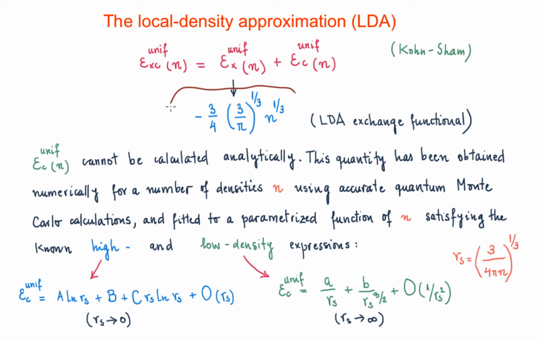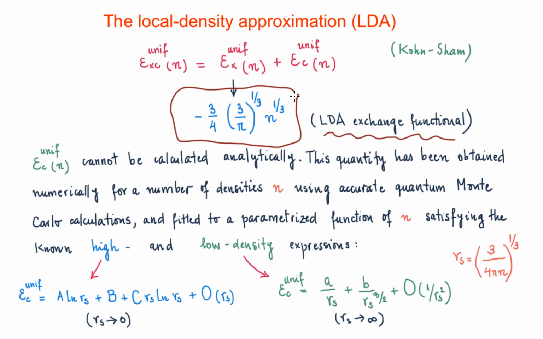So within the Hartree-Fock approximation, we already calculated the exchange energy, as a function of the electronic density. As in this case the Kohn-Sham wave function is the same wave function as we have in the Hartree-Fock approximation for that uniform and homogeneous electron gas, the LDA exchange functional is going to be the same as the one we derived for the Hartree-Fock approximation.